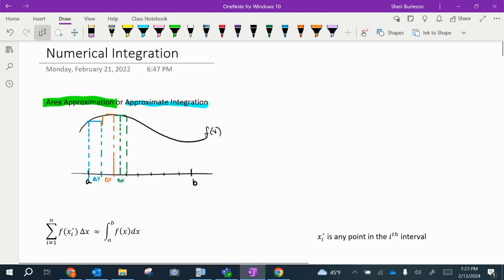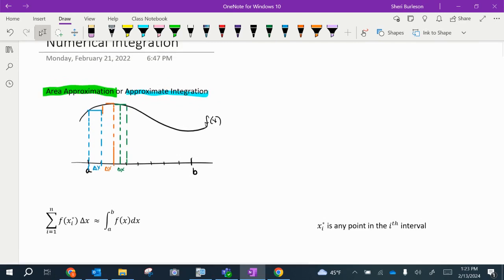When we looked at Riemann sums, we looked at this summation notation from 1 to n, as i goes from 1 to n. That just means my first subinterval, my second subinterval, my third subinterval, all the way up to the nth subinterval. Before we looked at f of the left hand of the interval or the right hand of the interval, and that would be an approximation because this gave me the height and this gave me the width.